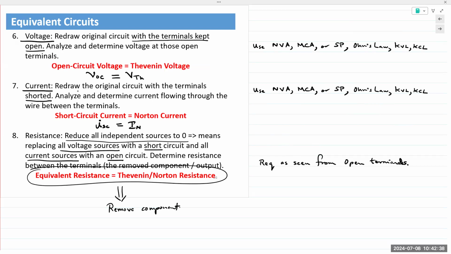Let's take a 10-second pause. Let me know if you have any questions. And again, I will repeat for the nth time, the setup of the problem is the most important.